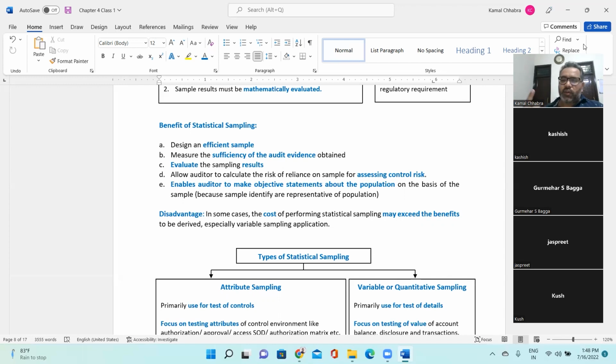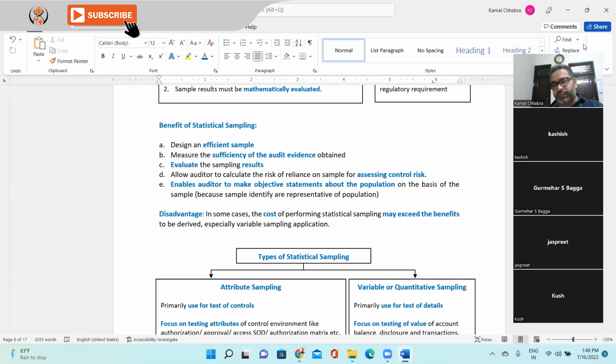If you just test one agreement with the main party, which is 80% of your purchases, and for the rest of the 20%, if it is not material to the financial statement, you are not required to test those as well. Right? So this may be a disadvantage sometimes in using statistical sampling. It is not cost effective.